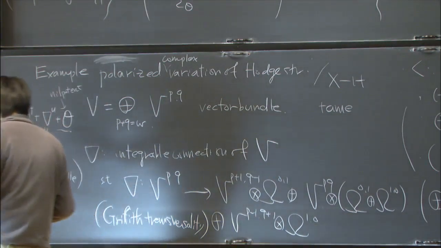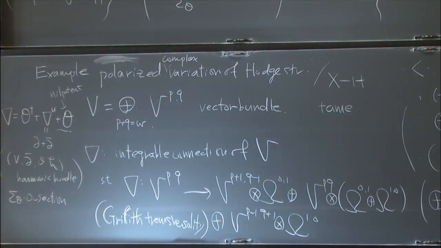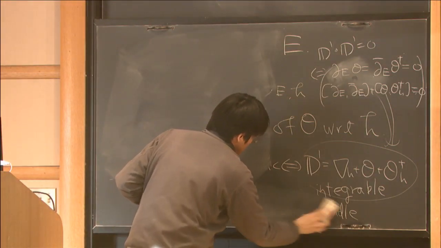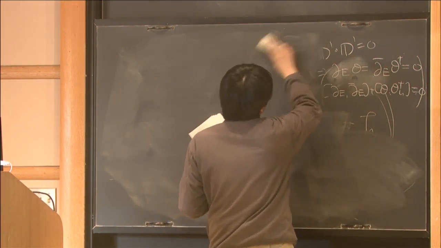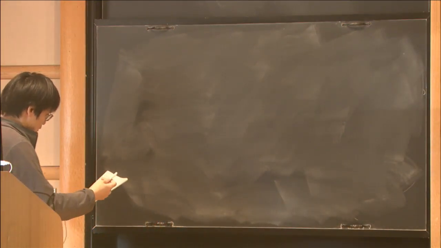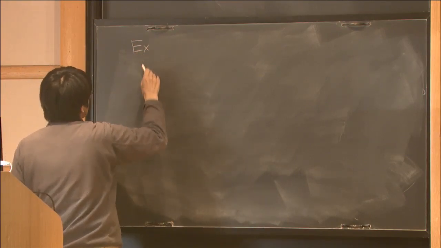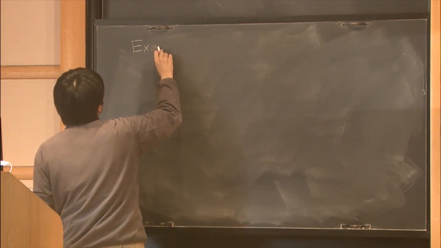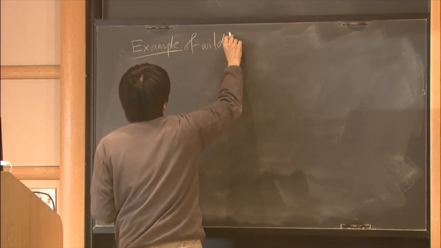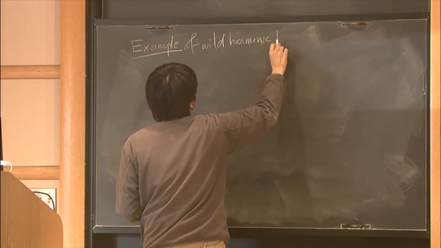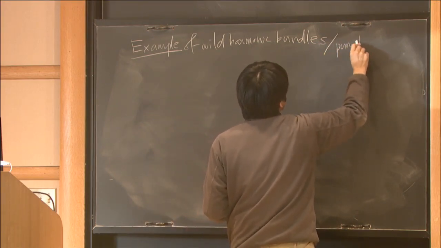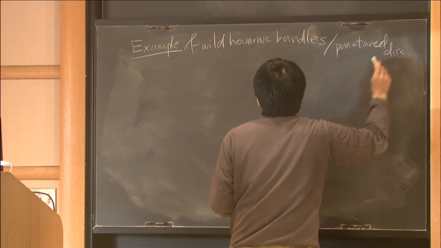Okay, so let me explain basic examples of wild harmonic bundles in the one-dimensional case, over a disk.